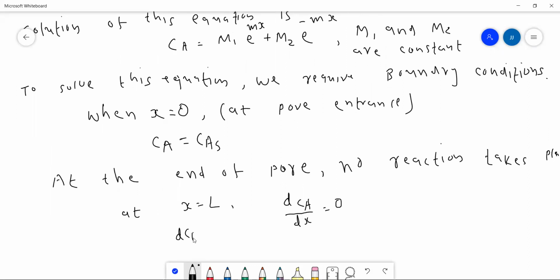Now dCA divided by dx is equal to the differentiation of this equation, that is m1 e raised to mx into m, minus m2 into m into e raised to minus mx, which is equal to 0, because dCA by dx we need to put 0.